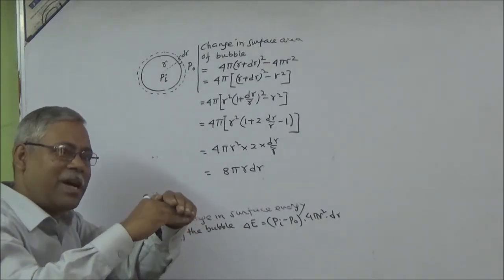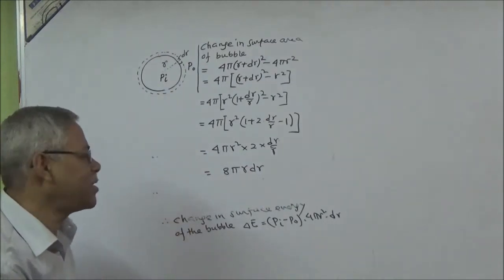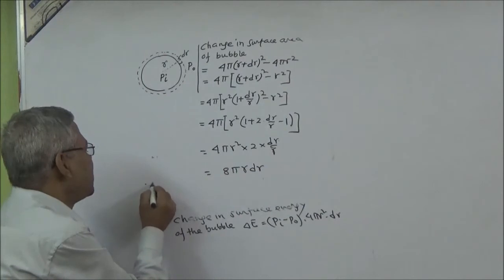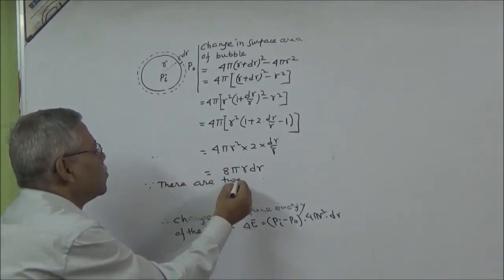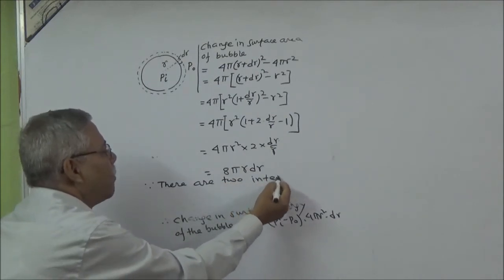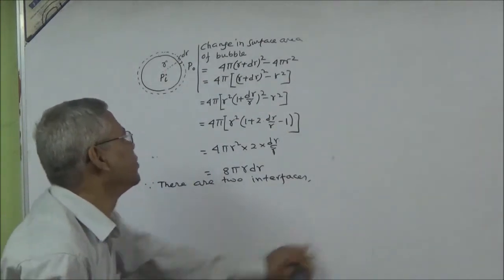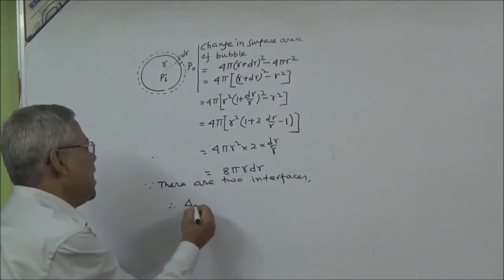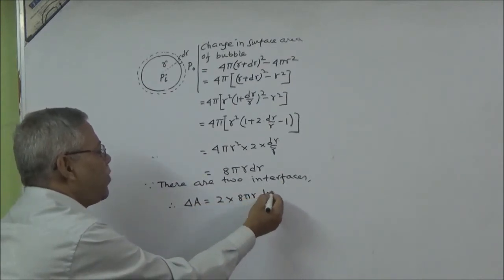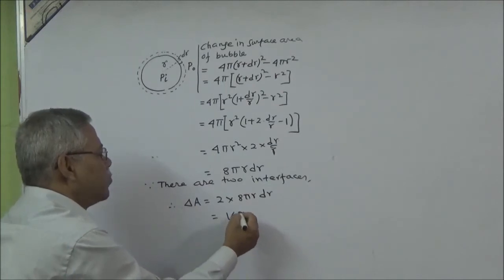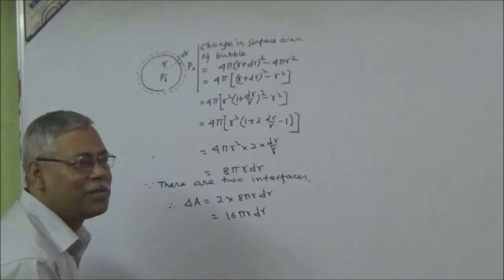Inside also there is one interface, soap film air. Since there are two interfaces, hence del A equals 2 into 8 pi r dr, which is 16 pi r dr.